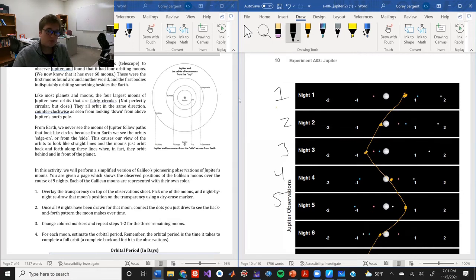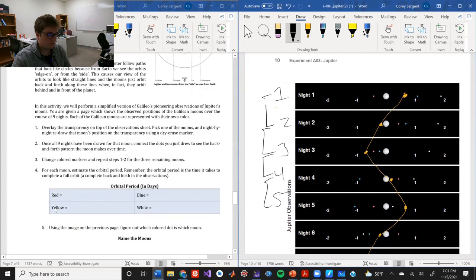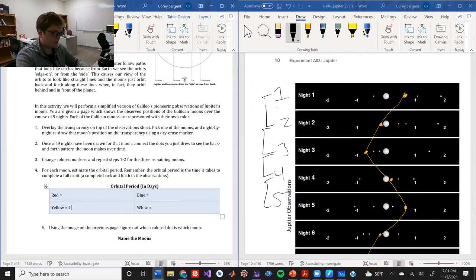But that's actually 4 whole days: that's a day, that's a day, that's a day, and that's a day. That's 4 full days. So the orbital period is 4 days for the yellow moon, and I'm just going to type 4 days in the orbital period.